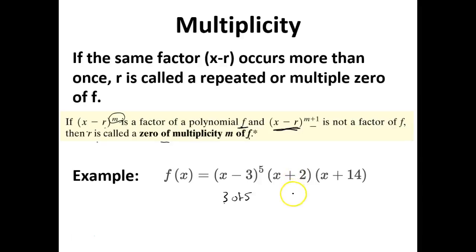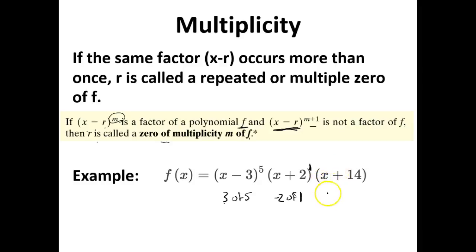On this one here, negative 2, so it's the opposite of this. It's what would make this 0. So whatever would make this 0, in this case negative 2, the power here is really 1, so it's a multiplicity of 1.